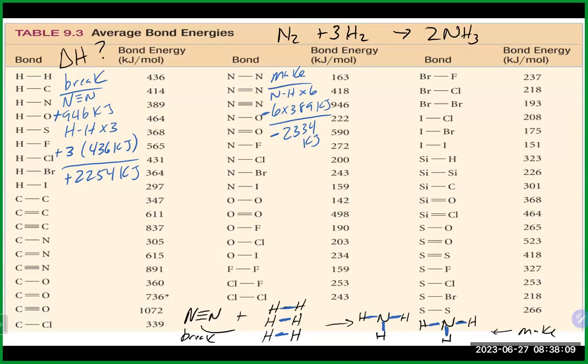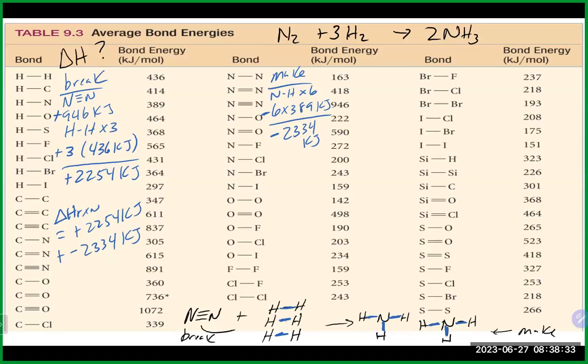So now our delta H for this reaction would be our positive 2254 kilojoules for our breaking, plus our negative 2334 for our making, or you could obviously just subtract it, which is basically what we are doing. 2254 minus 2334.